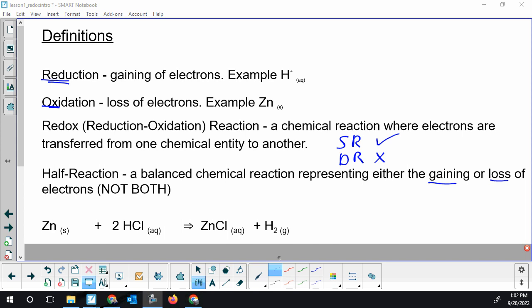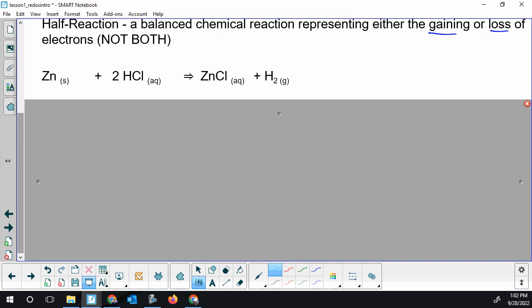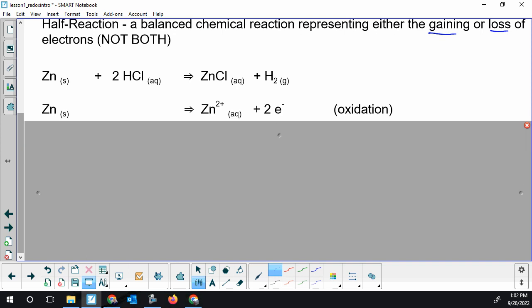So taking our reaction and writing out the two halves. I did the oxidation first. That's not a rule, I just, one had to come first. So that's the loss of electrons. Whenever you're writing an oxidation, I should see electrons on the product side. It's the first thing I'm going to look for.